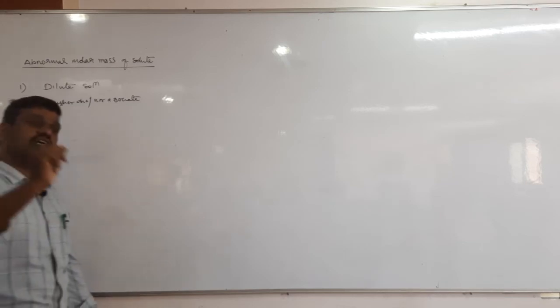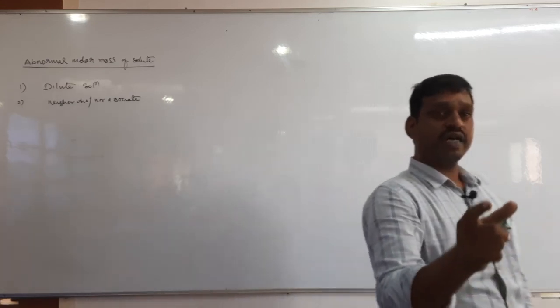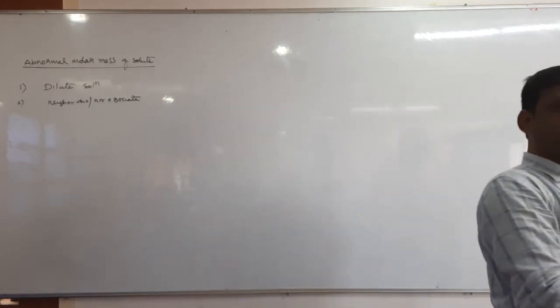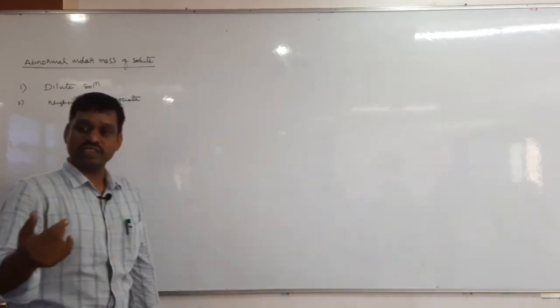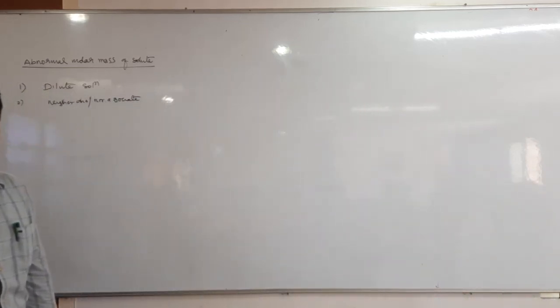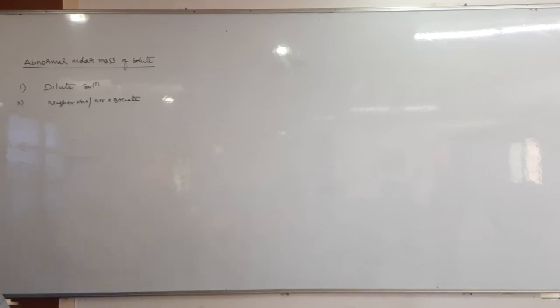If the number of particles changes, the colligative property changes, because colligative properties are directly proportional to the number of particles. When the colligative property changes, the molecular mass also changes, because molecular mass is inversely proportional to the colligative property. So if these two conditions are satisfied, the molar mass of the solute can be calculated accurately.